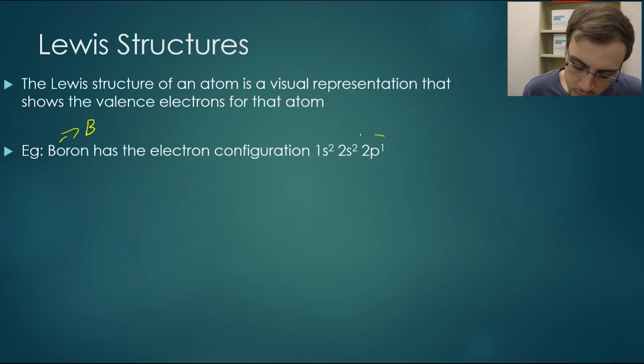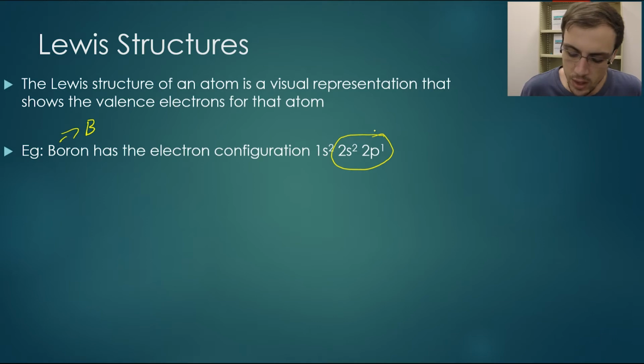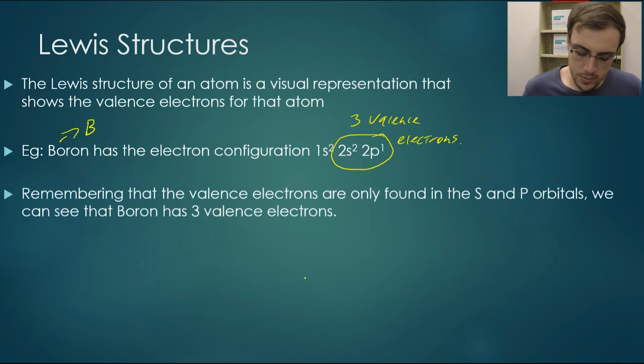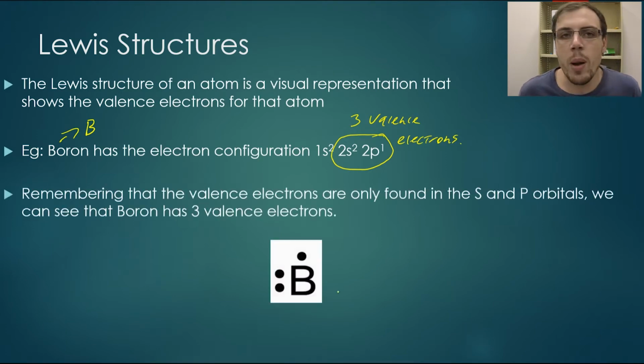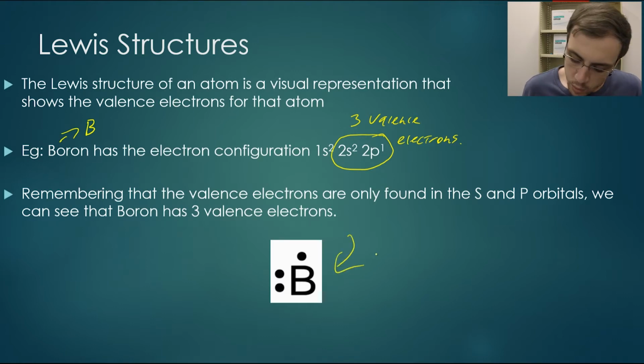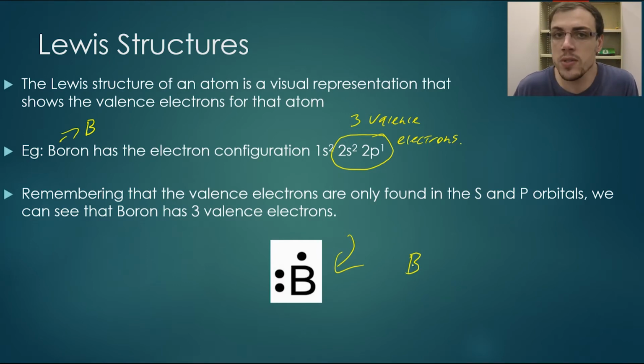So we can see, judging by this electron configuration, that it has 3 valence electrons. However, another way that we can represent it is like this. We write down the element symbol. In this case, because we have boron, we write B. And we fill in the valence electrons, until we reach 8.